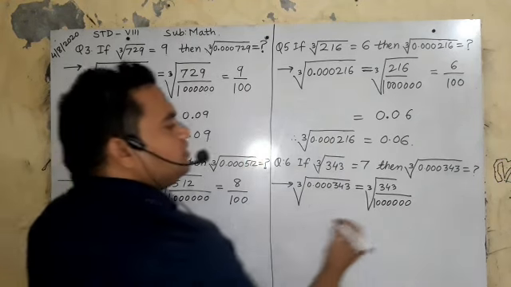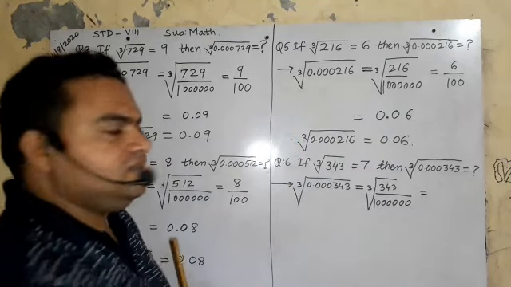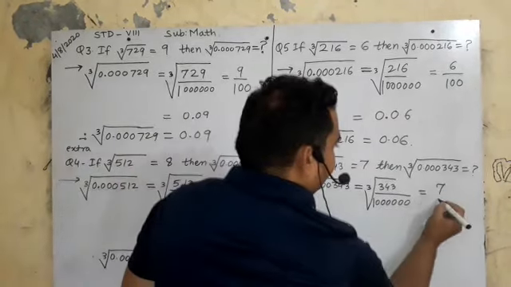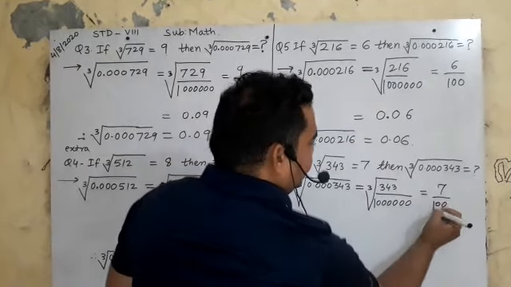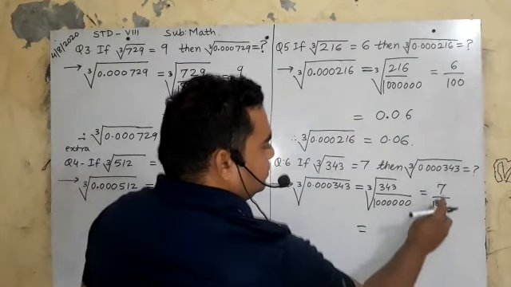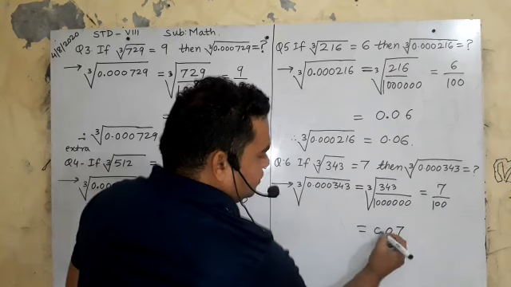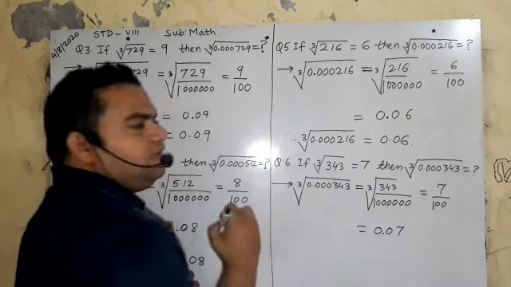Is it clear? So now I know 343. What is the cube root of 343? 7. So I will write 7 upon, what is the cube root of 10 lakh? I will use 100. So what will be the answer? 100 has 2 zeros, so 700, and after 2 digits here the decimal point will come.